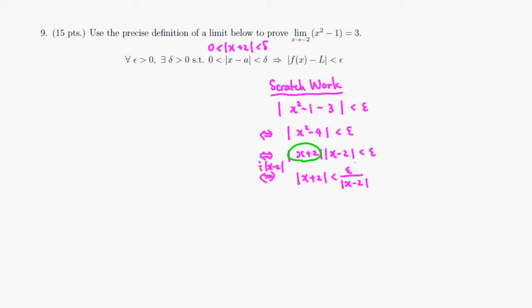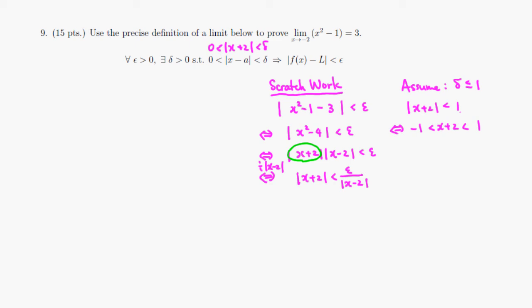Right. Then what we're going to do is make an extra assumption. We're going to assume that delta is less than or equal to 1, which means that the absolute value of x plus 2 is less than 1, which is equivalent to x plus 2 being between negative 1 and positive 1.